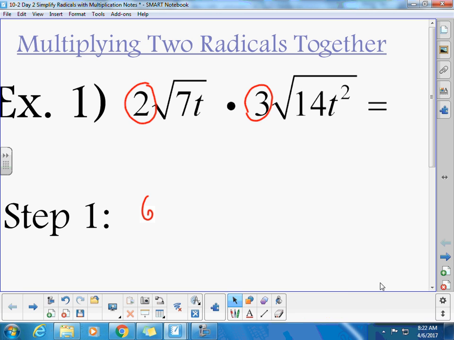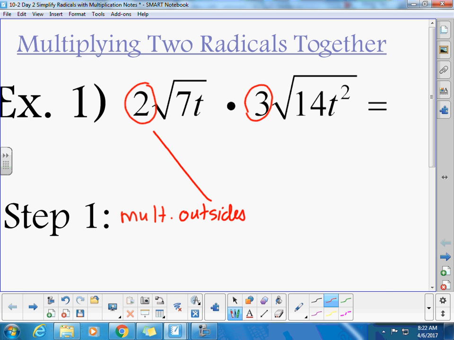Step 1, multiply the numbers on the outside, or the outsides times the outsides, let's say. So 2 times 3 is 6.